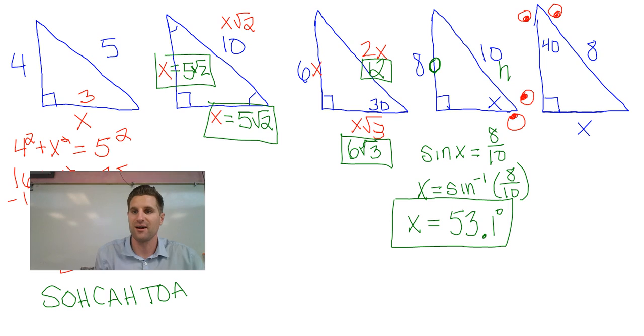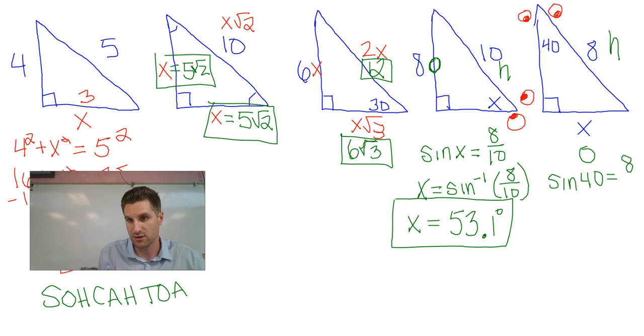Alright, on this one we have opposite. Oh man, I did another sine one. That's okay. Opposite over hypotenuse, we're going to take the sine of 40 equals, opposite, gotta be careful, Mr. Smith, opposite, which is x, over hypotenuse, which is 8.